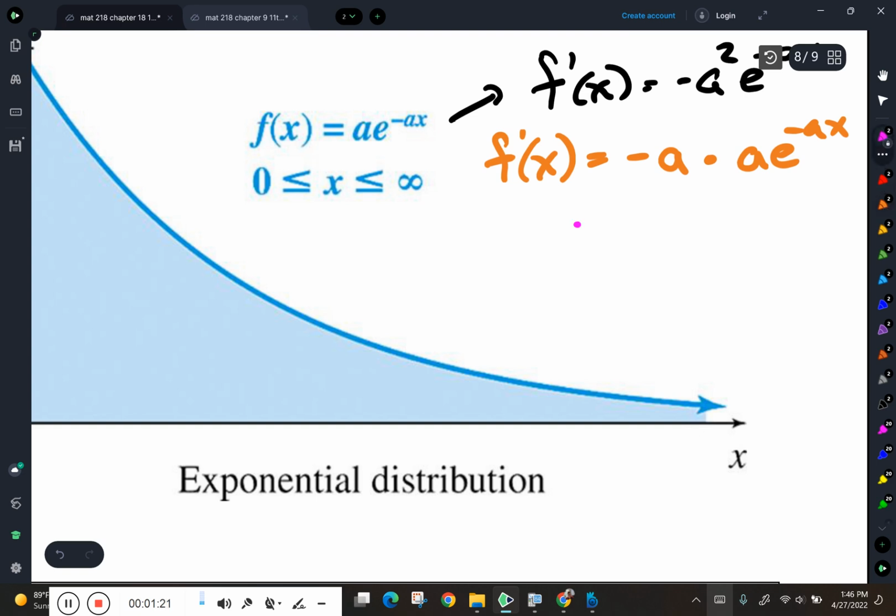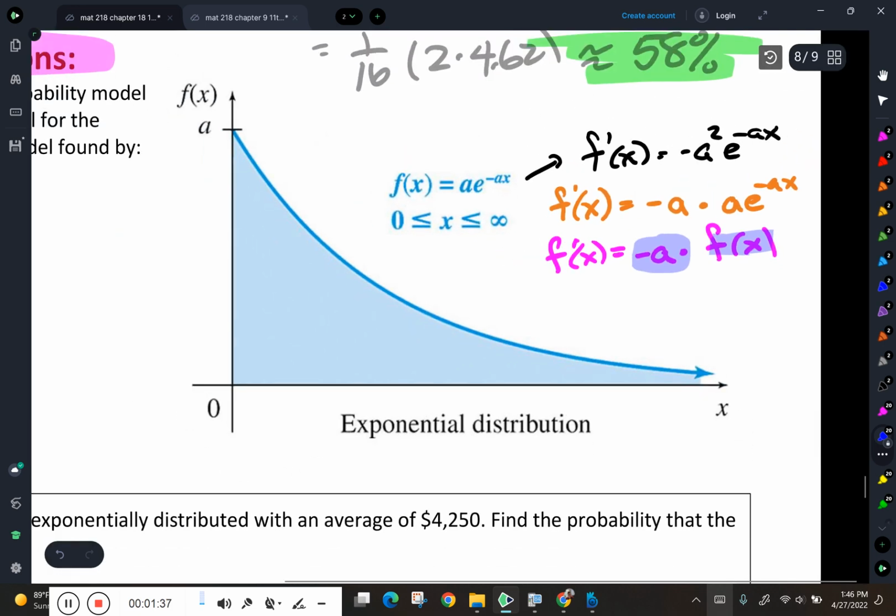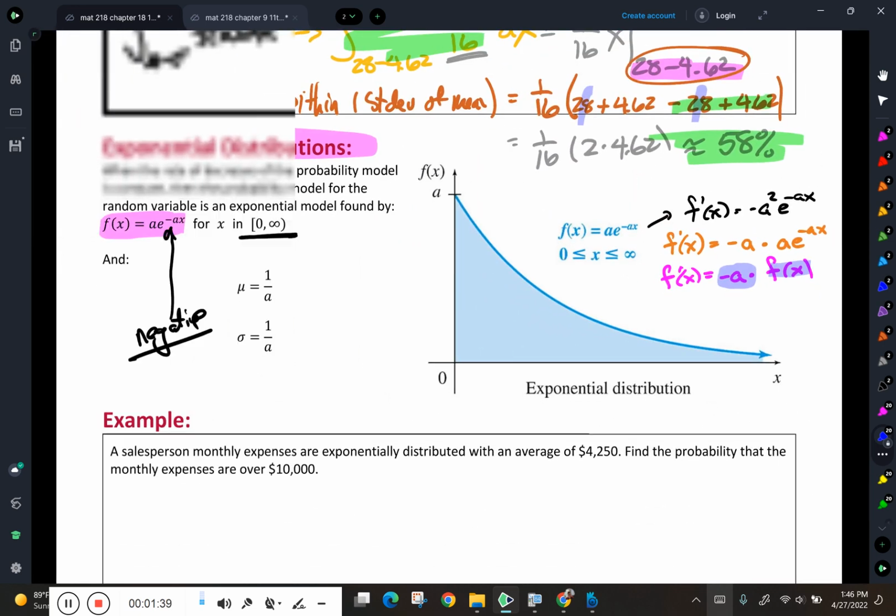A little more math would show that that's just negative a times the original function, f of x. And so we say that this has a constant rate of decrease because a constant value is multiplied by the probability function at every value of x. Now, all of that is the math behind it.